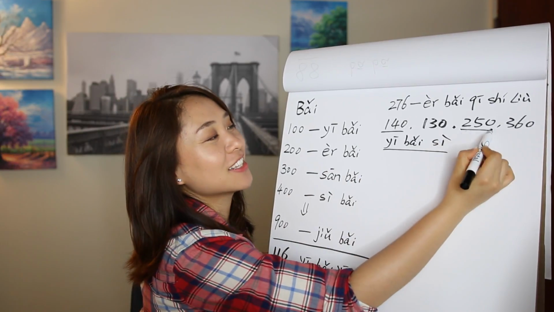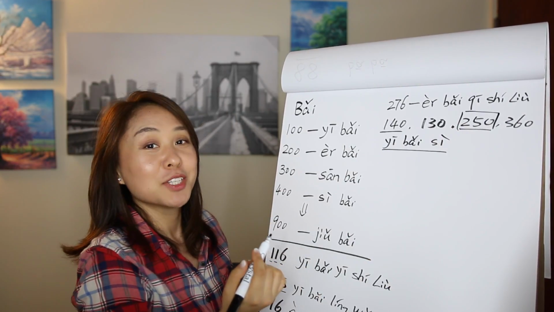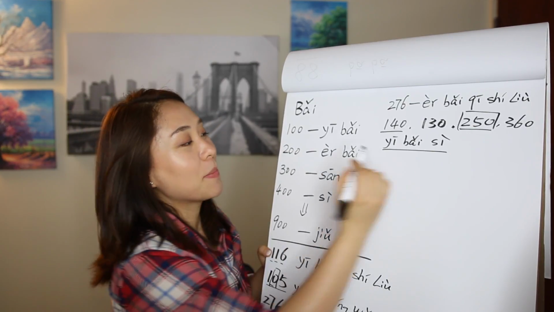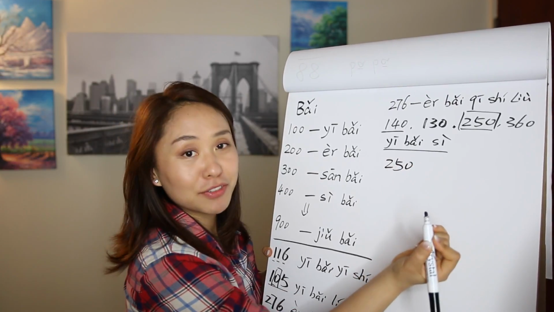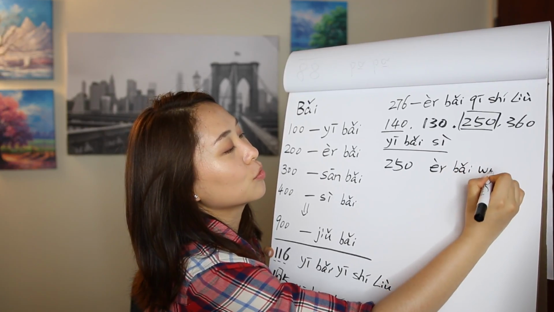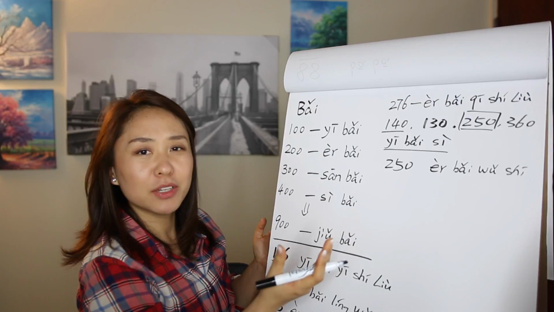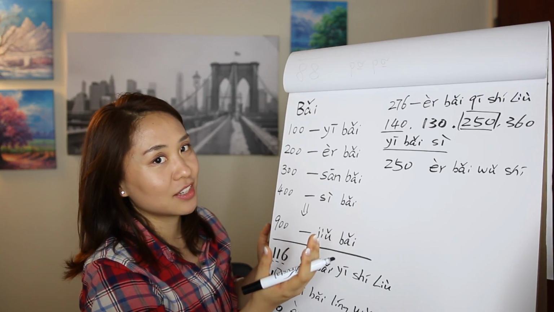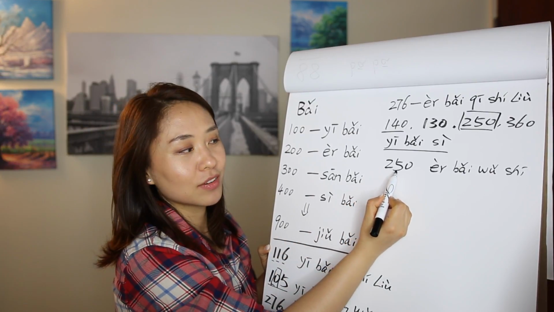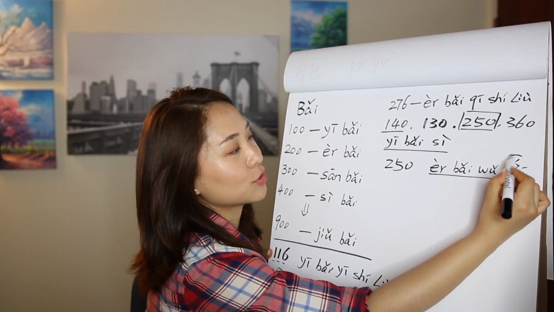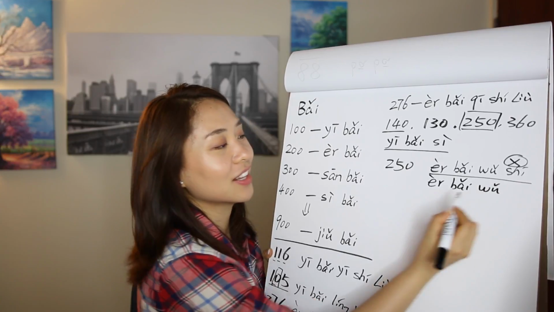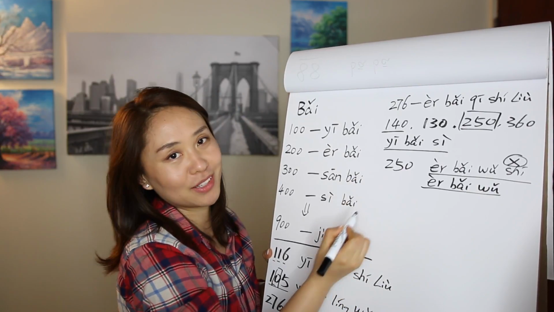Okay? The reason why I say this number is I'm about to mention 250 is a special number in Chinese. Why is that? Because if you read 250 like it normally is read, it doesn't mean stupid. Only if you read in the short version, then it means stupid.